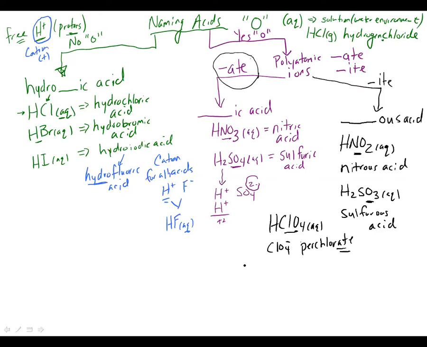And we still keep the per in front of that, so this becomes perchloric, again with the IC acid. So if the polyatomic ion has one of those prefixes like per or hypo, you would still keep it as you go to name the acid. Any questions on that?